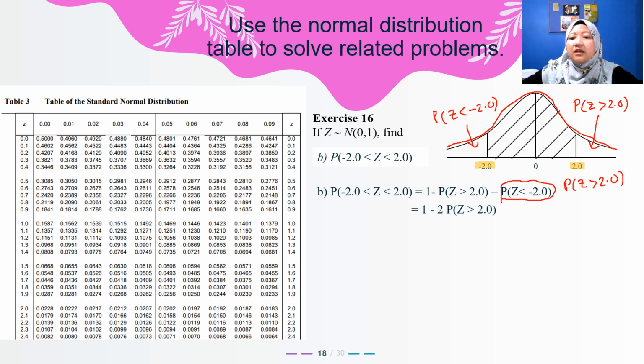Okay, ingat ya, untuk baca nilai dalam table, kita perlu menukarkan simbol less than kepada greater than. So, kita ada dua kawasan yang sama. Probability Z greater than 2.0 on the right side. This one sama. So, kita ada dua kali probability Z greater than 2.0. Okay, find the value 2.00. So 0.0228 times 2. So we have the total area is 0.9545.